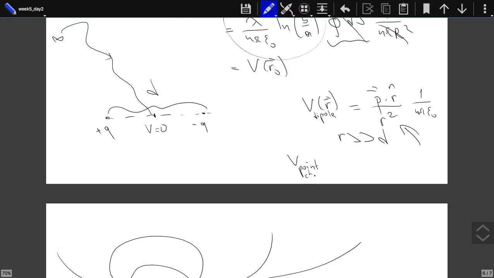Point charge, 1 over 4 pi epsilon 0, Q over R. You see, the point charge also goes to 0 as 1 over R. For the dipole, it goes to 0 as 1 over R squared. It goes to 0 faster. As you said, the total charge is 0.